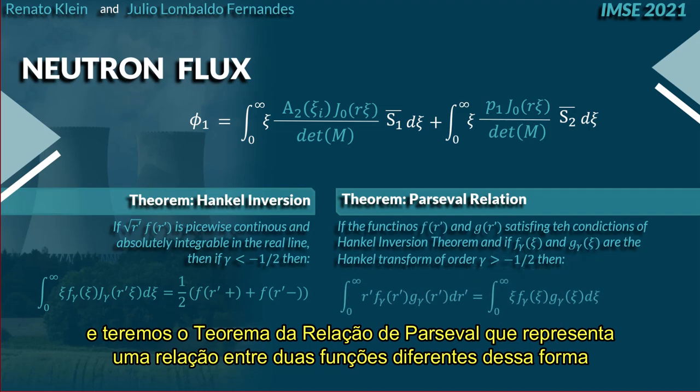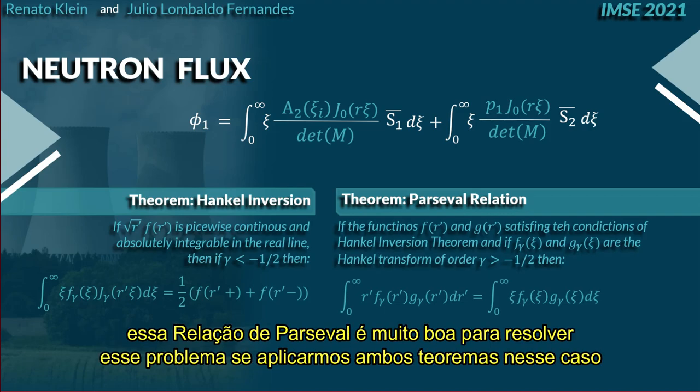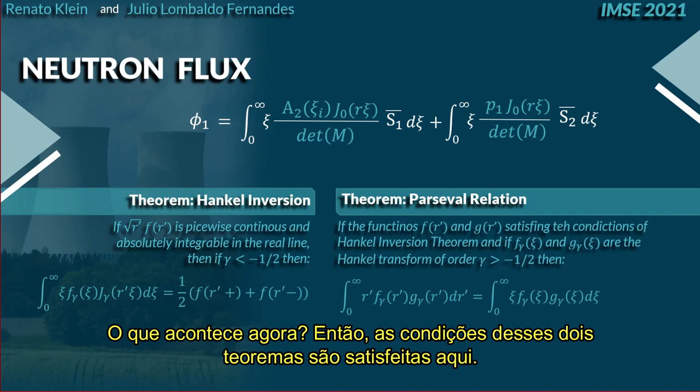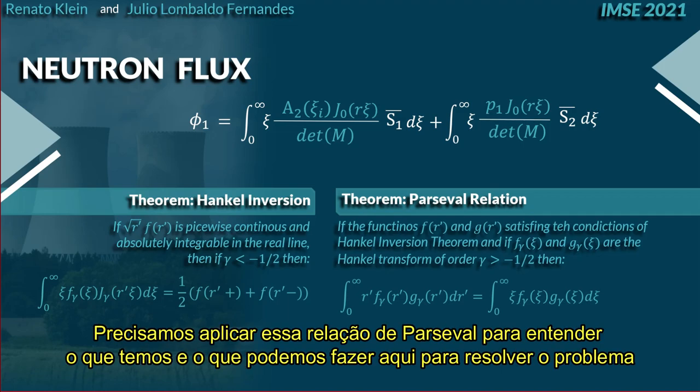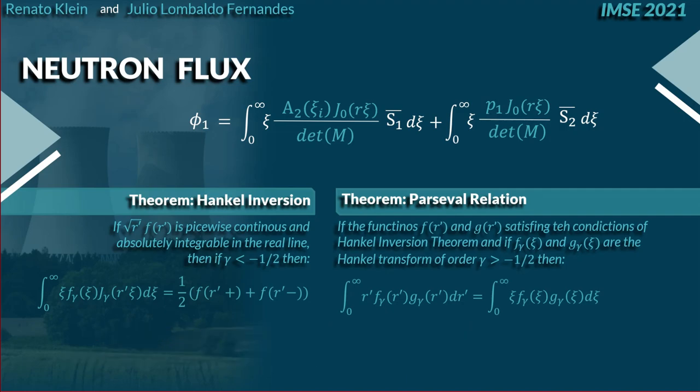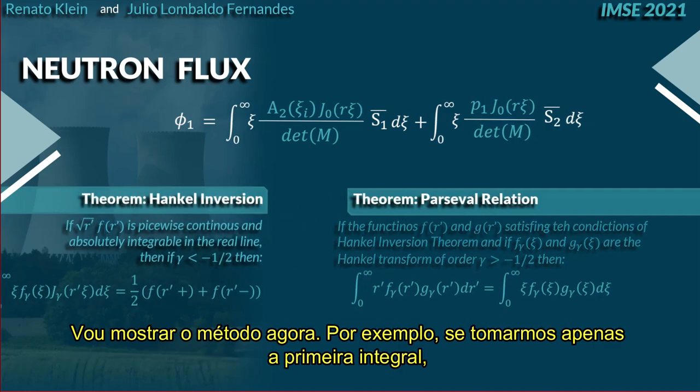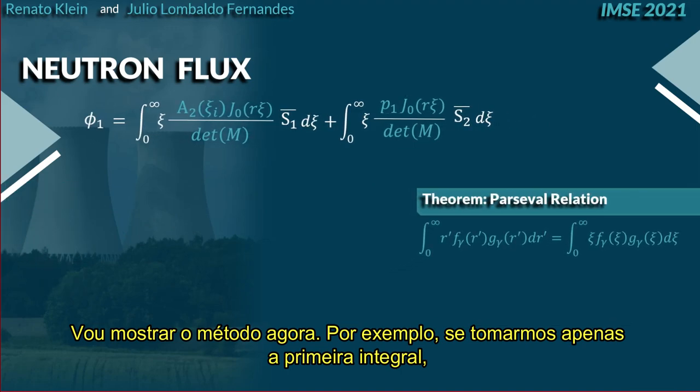This Parseval relation is very nice to solve this problem if we can apply both theorems in this case. What happens now? The conditions of these two theorems are satisfied here, and we need to apply the Parseval relation to understand what we have and what we can reach here to solve this problem. So I will show the method right now.